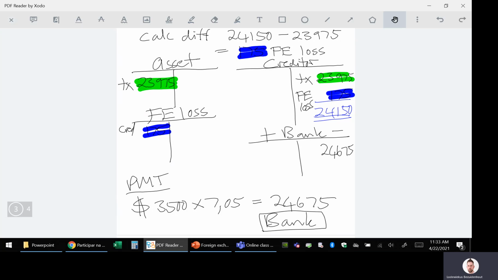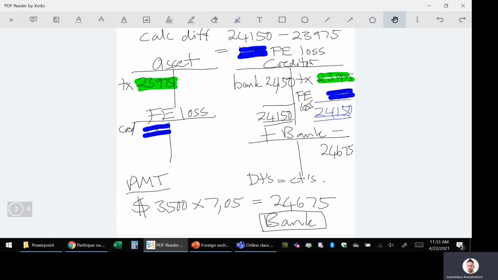All right, and now what happens to my creditor? My creditor currently is 24,150. So all I need to do is make the creditor 0 because I've made a payment now. So I can just say debit creditor 24,150 because now I just clear out my creditor, and now the creditor will be 0. All right, but what's the difference? Debits must be equal to our credits.